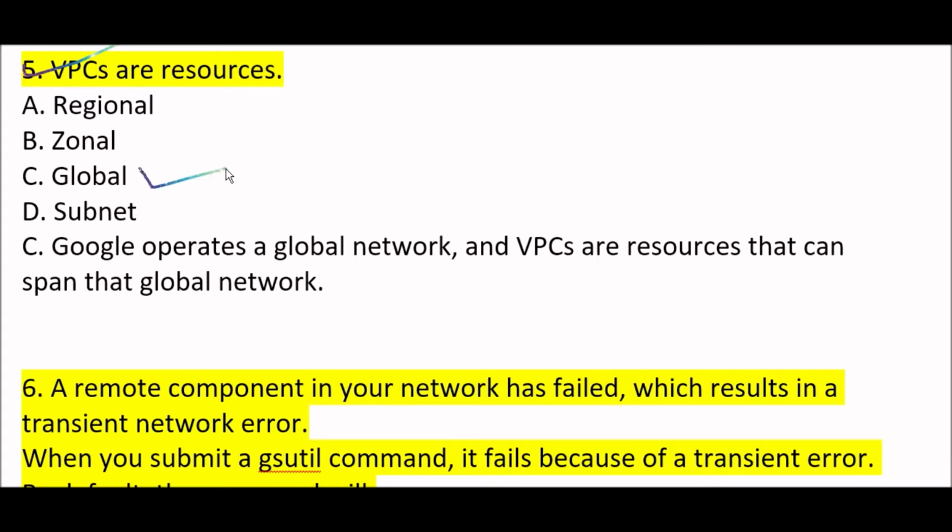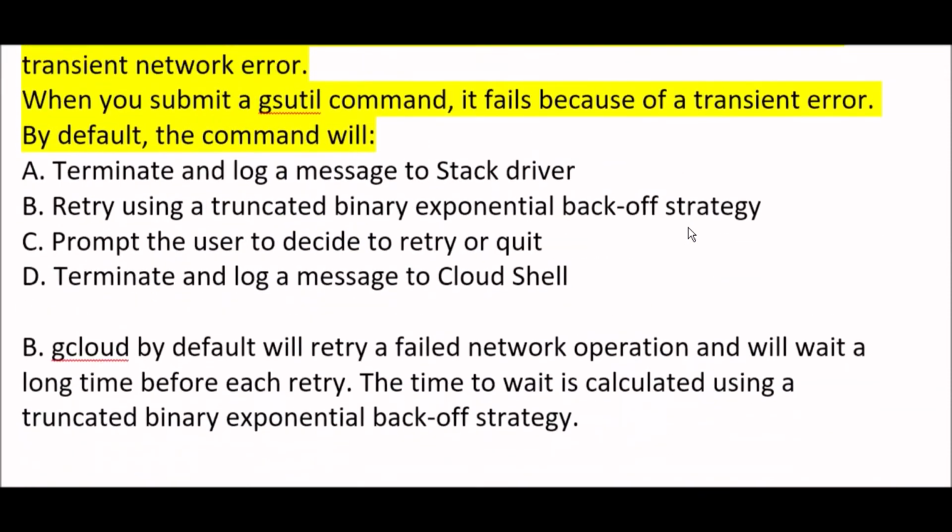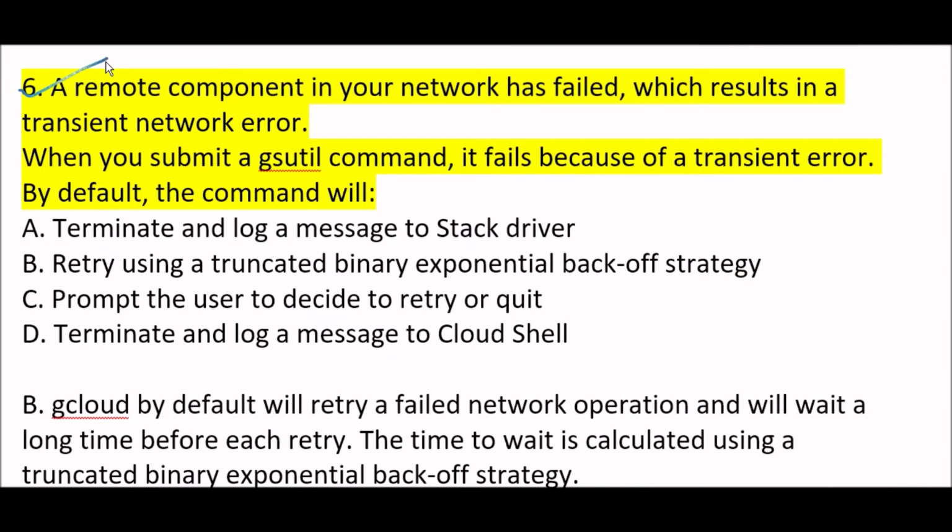VPCs are global resources. Google operates a global network and VPCs are resources that can span that global network. Next question. A remote component in your network has failed, which results in a transient network error. When you submit a gsutil command, it fails because of a transient error.